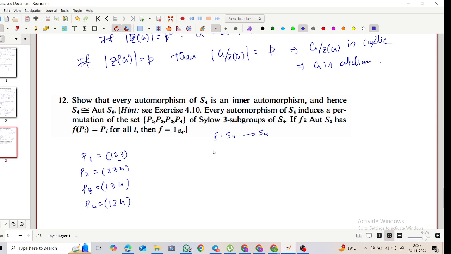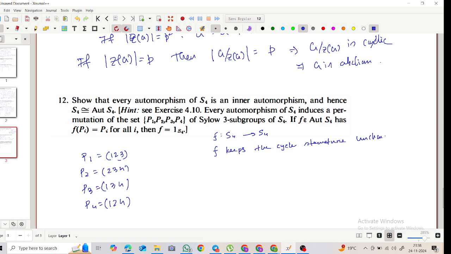Okay. So one thing should be obvious to you, that f sends 3-cycles to 3-cycles, it keeps the cycle structure unchanged.